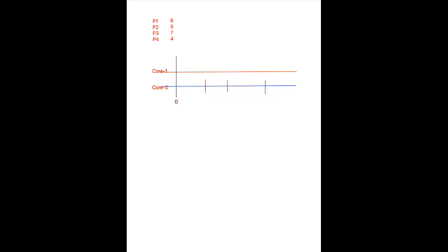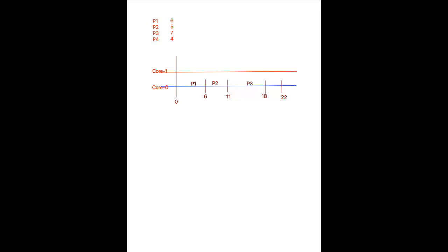Assuming a single processor. So 0 is here, then we have 6, then 11, 18, 22. So during this time, P1 will be executing, then P2, P3, and P4.